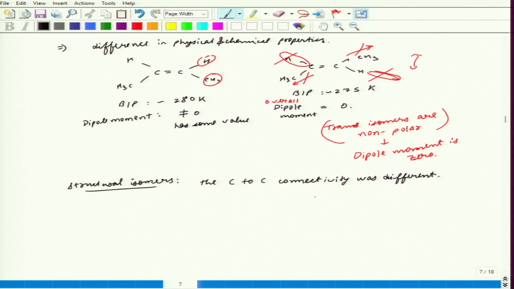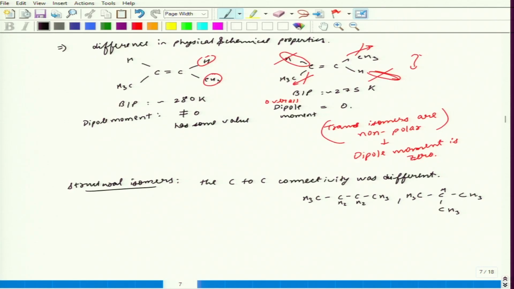For example, let's write CH3 also. This will be CH3, CH2, CH2, CH3. And the other will be CH3, CH, CH3, CH3.